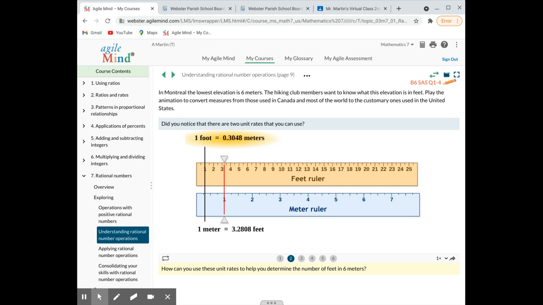Y'all work together. You know 1 meter equals 3.2808 feet. So how could you figure out what 6 meters would be in feet? Multiply. That's right.